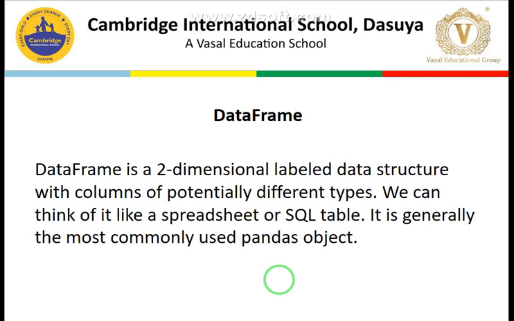In data frame we discussed that this is a two-dimensional labeled data structure with columns of different types. Students, this looks like a spreadsheet or a SQL table, in tabular form.